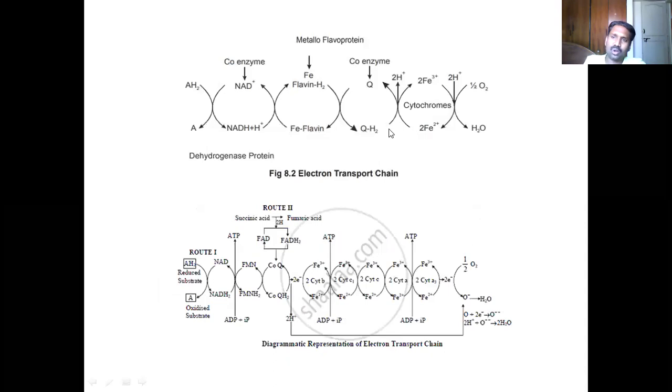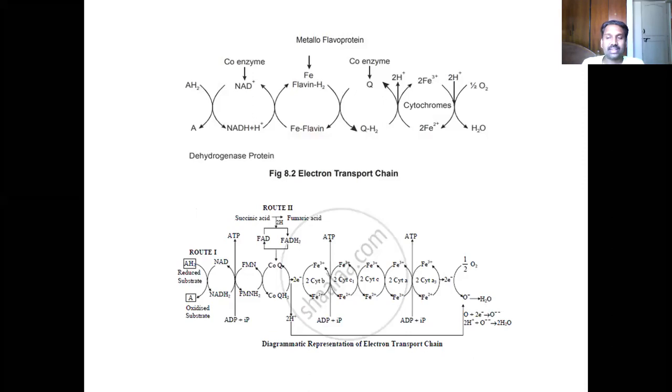Till now, we have been talking a lot about this ETC and concentrating on the oxidation of NADH. But the purpose of oxidative phosphorylation is the synthesis of ATPs, right? That point we have not touched at all, and nowhere in the electron transport chain have ATPs come into the picture. So in the next class, we are going to answer this question: how is the synthesis of ATP connected to ETC?